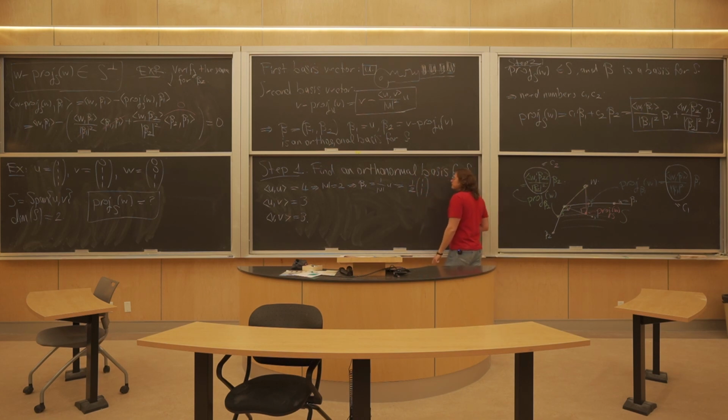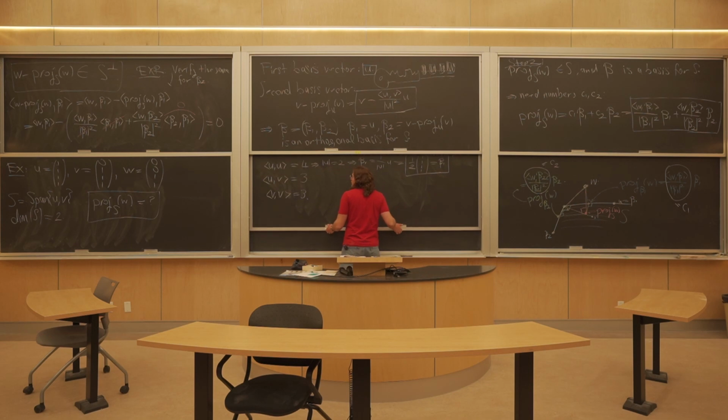Okay. If you wanted, you could distribute this 1 over 2, of course, but it's much more straightforward to write it like this. So I'm just going to leave it like this. So that's beta 1. That's my first basis vector. I know that at this stage it is of length 1. So that's good.